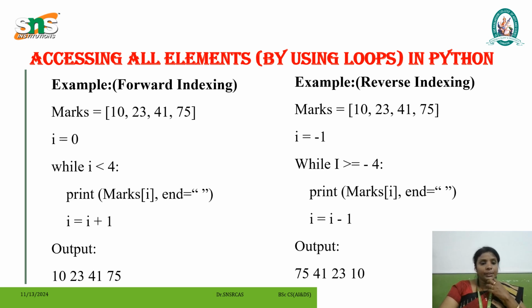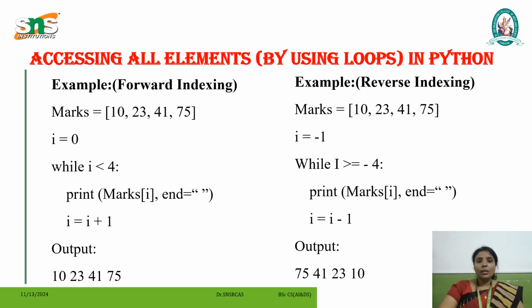Here we use the increment operator. In the forward indexing example, the output is 10, 23, 41 and 75. For reverse indexing, it is the same process, but we initialize the i value equal to -1, so it is negative indexing. Here the elements are printed in reverse order.